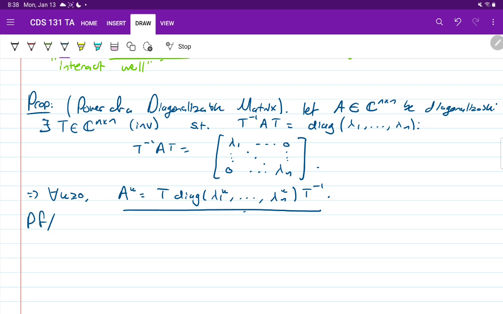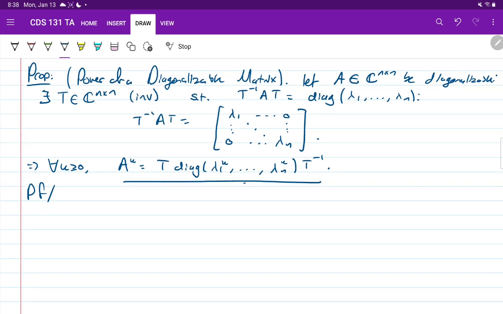For the proof, first you can compute the exponent of a diagonal matrix. What you would find after a little bit of algebra is that diag of lambda 1 through lambda n, all raised to the k, is equal to diag of lambda 1 to the k through lambda n to the k.